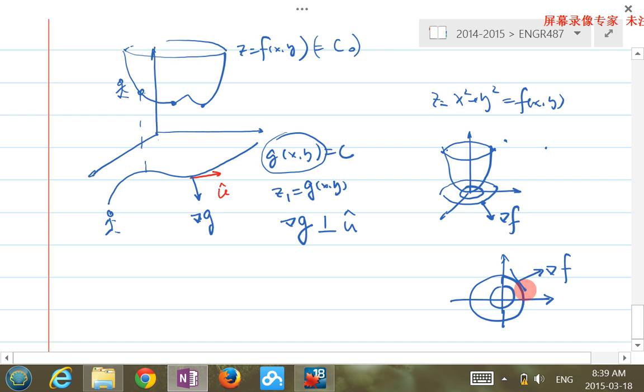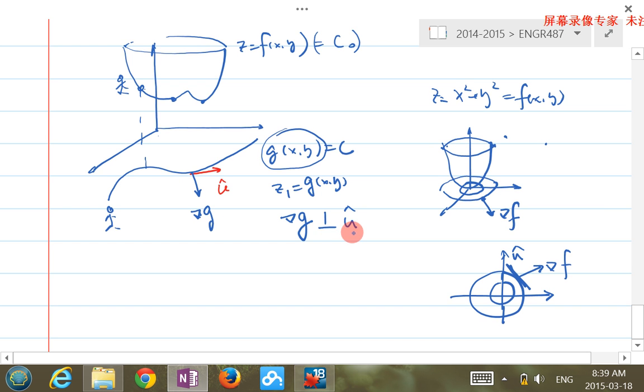It's perpendicular to the tangent vector of the contour curve. And the tangent vector of the contour curve, that's the u hat I'm referring to here. That's why I'm saying del g is going to be perpendicular to the u hat. That's number one fact. Is that okay?